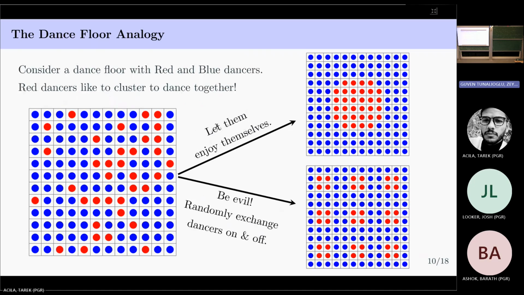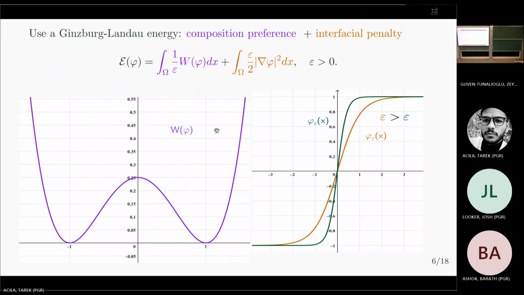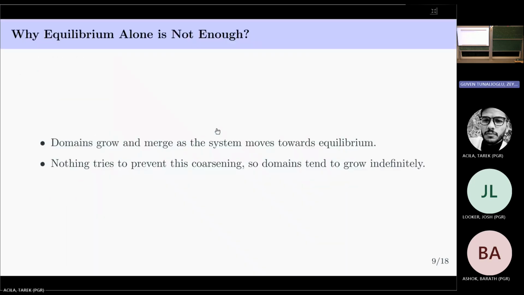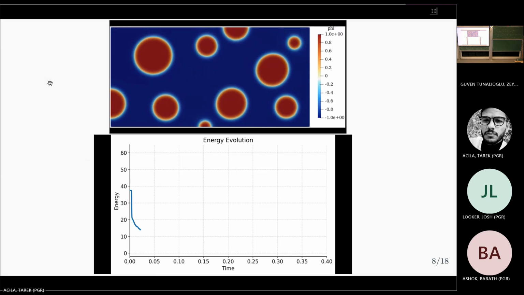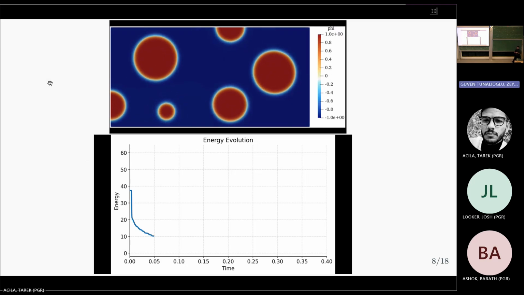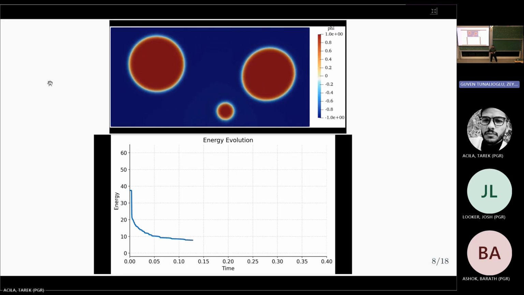Let me go back to that one. Was it this one? Yes. So when the domains are merging or disappearing, the energy decreases because that's what the system wants, right? It wants to gather everything at once. And it was smooth in the first case because you had all of it just coming into one block. Yeah, definitely.